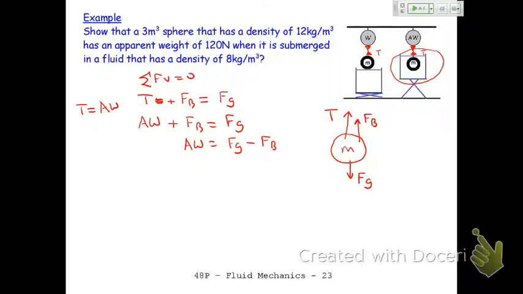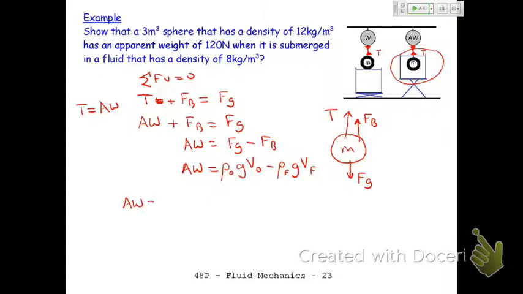So my AW is equal to FG, and my FG is the density of the object times g times the volume of the object, and my FB is the density of the fluid times g times the volume of the fluid.